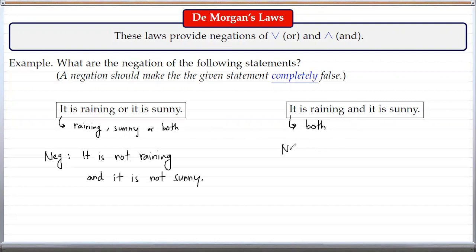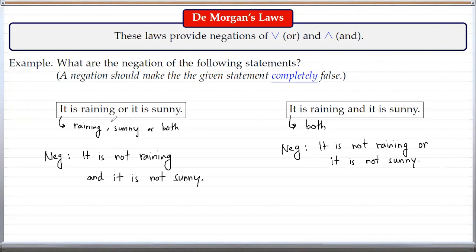So the negation will look like it is not raining or it is not sunny. That means at least one of them is not happening. That means it is not happening that it is raining and it is sunny. So this is the negation of it is raining and it is sunny.